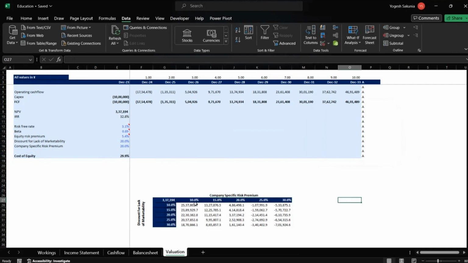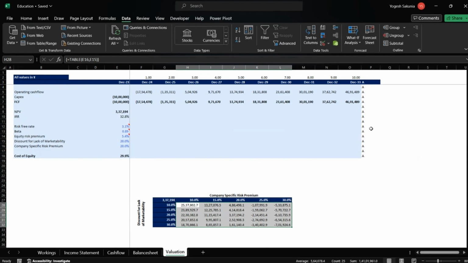If you see here, it tells you in a single table what happens to your NPV, or what happens to the returns from this particular project, if the company risk premium or the discount for lack of marketability, all those premiums, change.